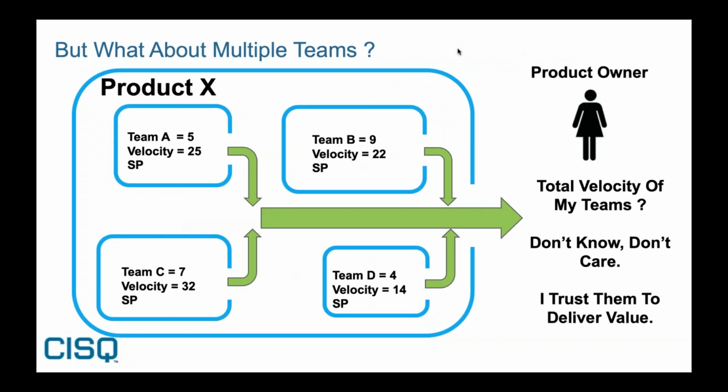What about when you've got multiple teams involved? So things like an agile release train from SAFe, or if you're doing Scrum of Scrums, this is where it starts to get complicated. Some organizations, you find the product owner, the product manager will say, I'm lucky that my stakeholders are very focused on the end deliverables and don't really ask me too many awkward questions about our overall productivity.